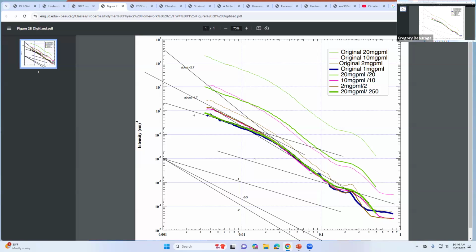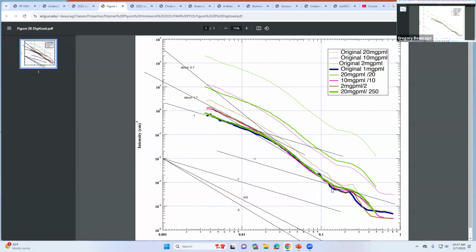You get 2.7. Then way out here, there's a little kind of minus 1 that's buried in with this lamellar peak thing. Whether that's real or not, you could say that's a persistence length. So maybe right here could be the persistence length, somewhere in that region, like 2 pi over 0.12.